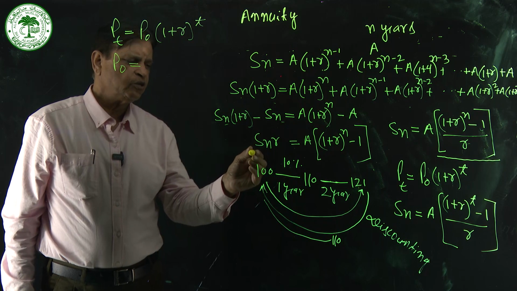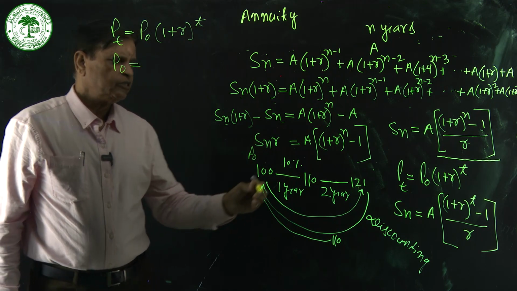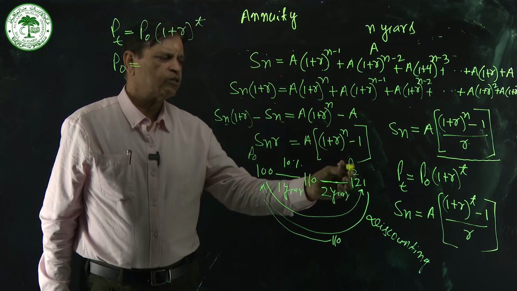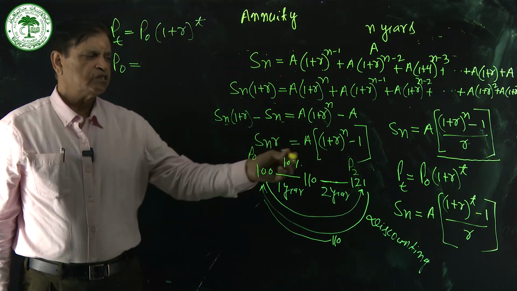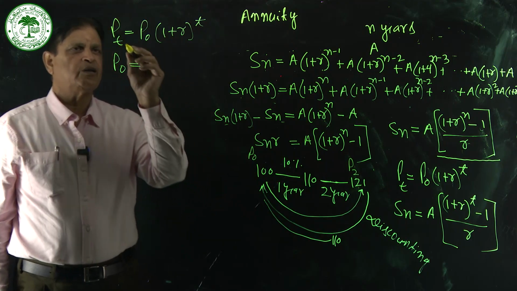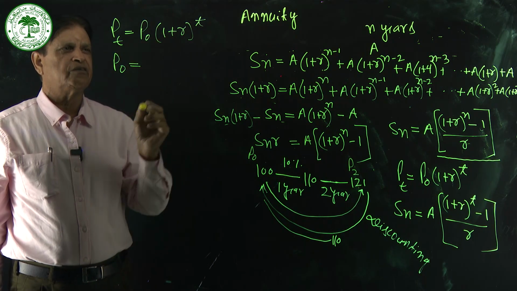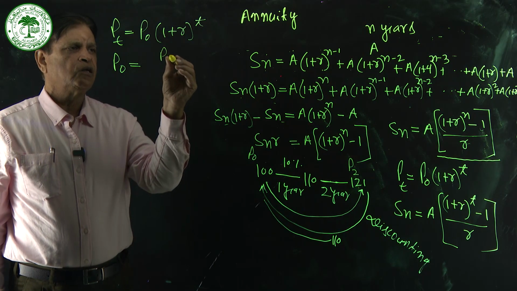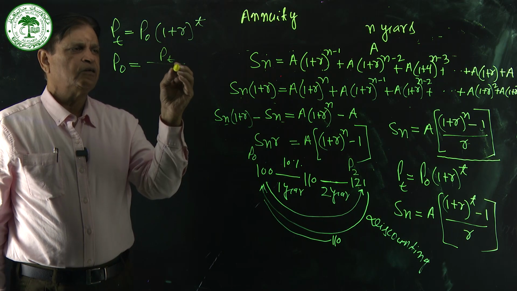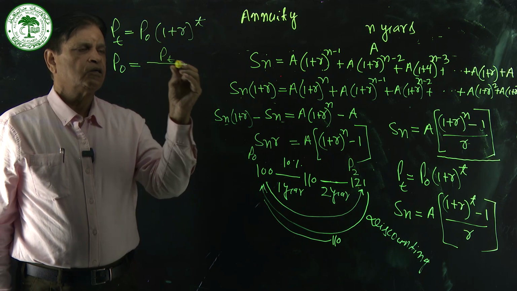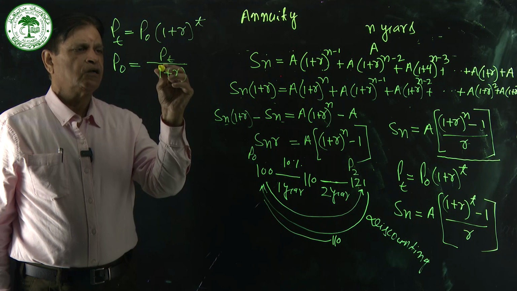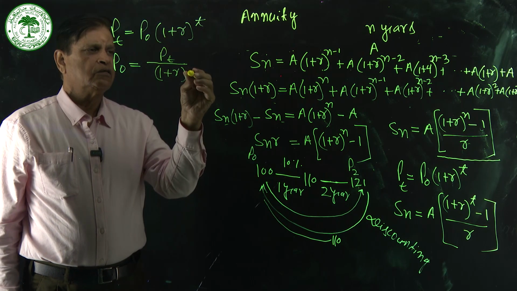This is our P0 here, and this is our Pt. Pt means P2, that is the amount after 2 years. So this is the present value, this is the future value. We want to find the present value. So it will be Pt divided by (1 plus R) raised to the power t.